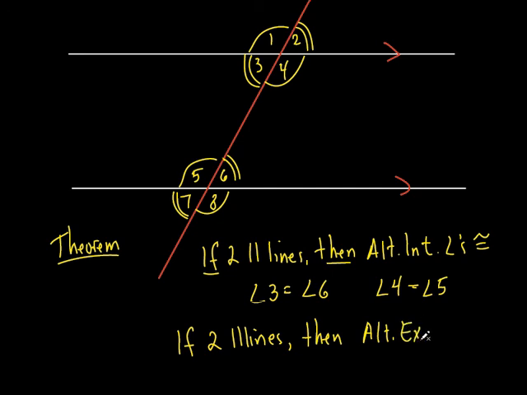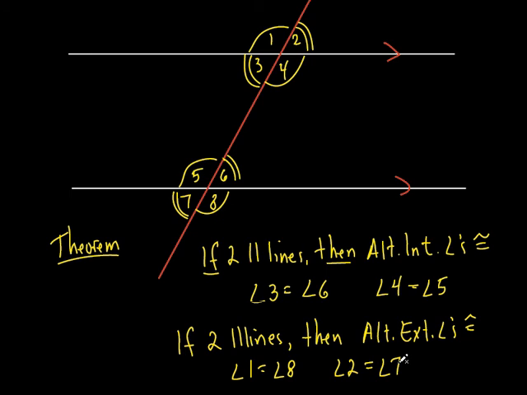The alternate exterior angles are also equal to each other or congruent. All right, I got two parallel lines cut by a transversal, then the alternate exterior angles. Let's list them. We already did it just a second ago. Angle 1 is equal to angle 8, and what else? Angle 2 is equal to angle 7.